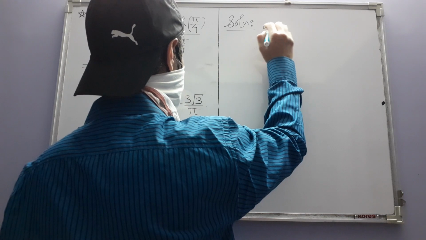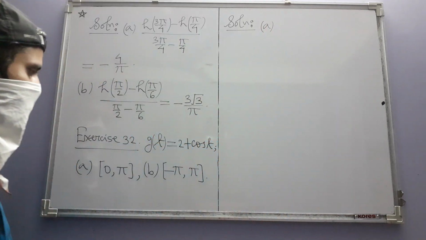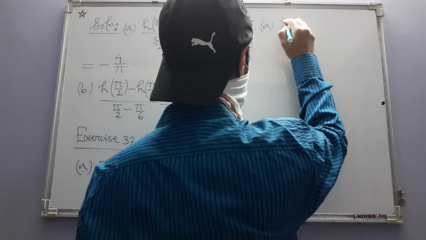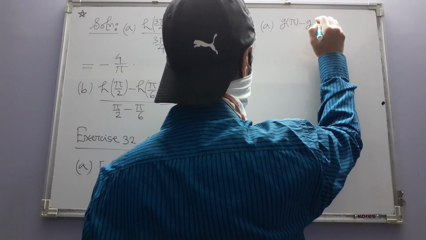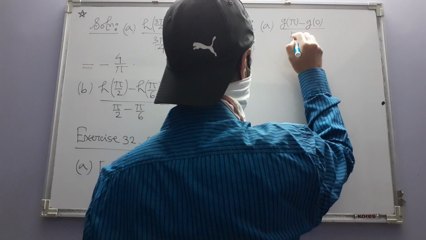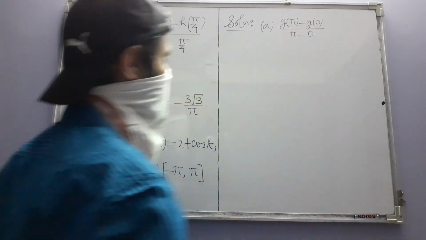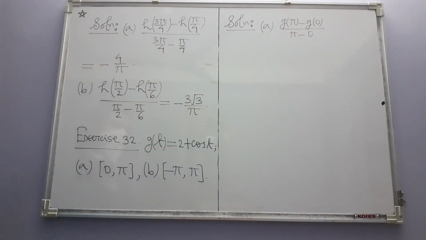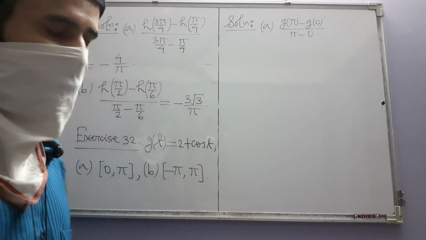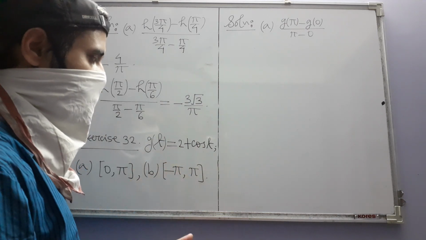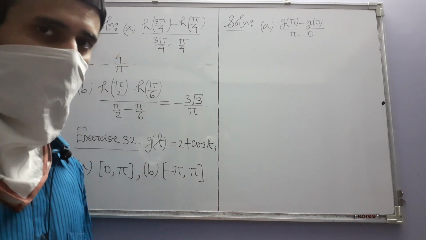Over the first interval, the average rate of change is g of pi minus g of 0 over pi minus 0. So 2 plus cos pi minus 2 minus cos 0.